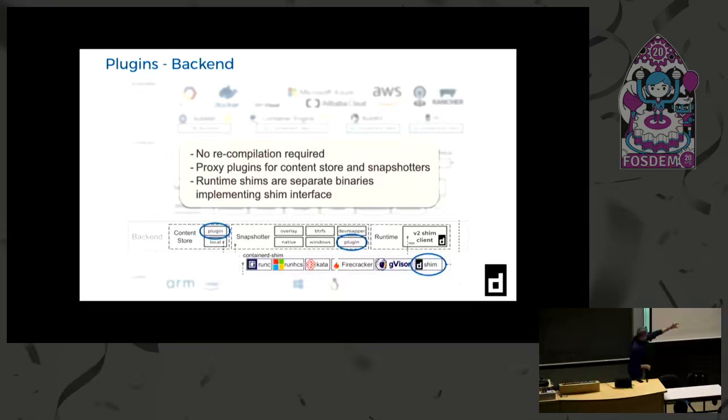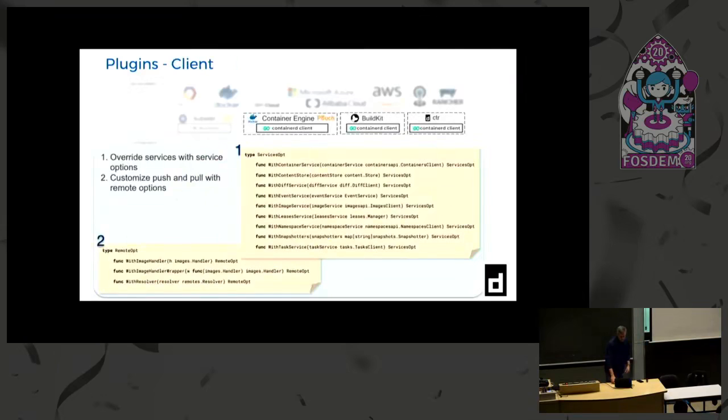We're going to talk about runtime shims in a minute. Those are separate binaries. So if you go follow the Firecracker installation guide with firecracker-containerd, you're going to install their actual binary shim and configure Containerd to drive that shim. So I already mentioned client plugins. The thing I wanted to focus on here is the remote opt interface, it's maybe a little small.